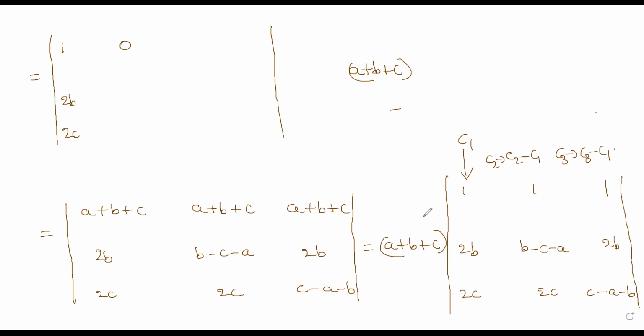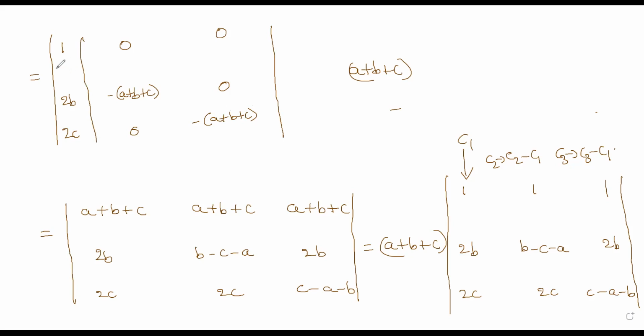And now I get 0 here. b minus c minus a minus 2b gives minus of a plus b plus c. Now 2c minus 2c is 0, and 2b minus 2b is 0. And now this one happens to be minus of a plus b plus c once again. Outside, a plus b plus c is multiplying.